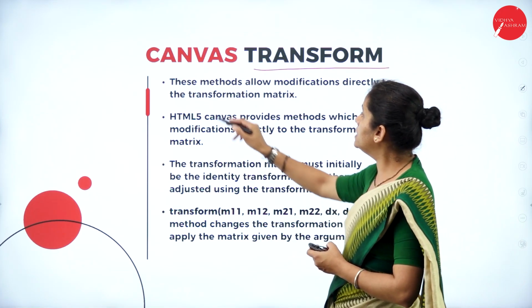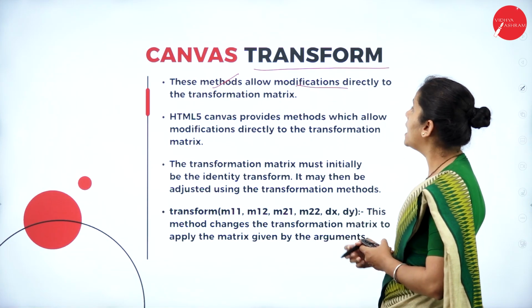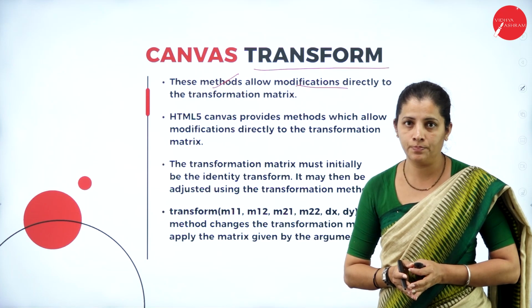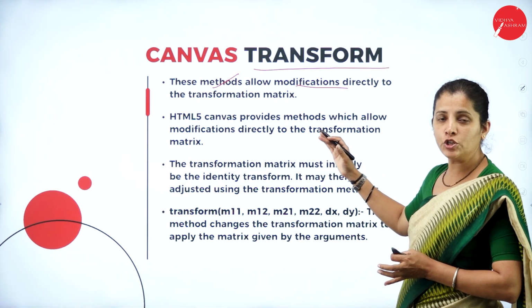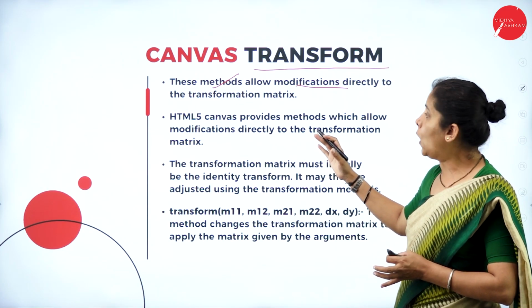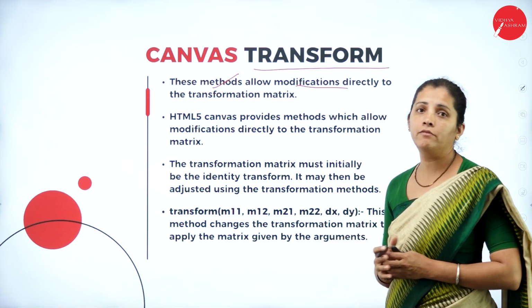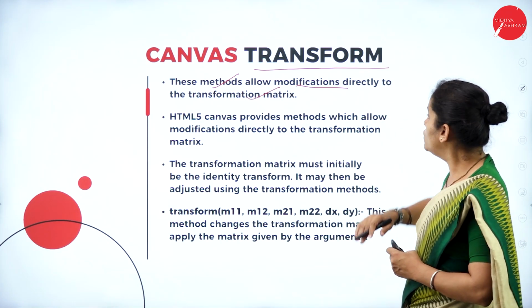These methods allow modification directly to the transformation matrix. If I consider any transformation of an object or of the canvas, I must have the transformation matrix to modify the transformation.